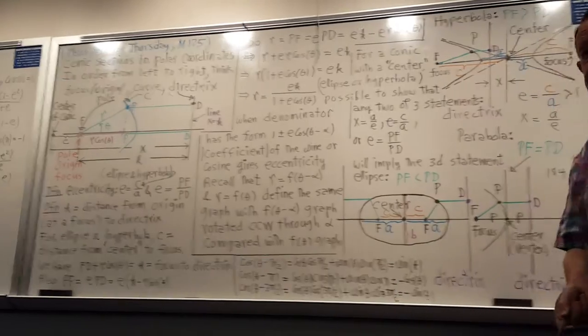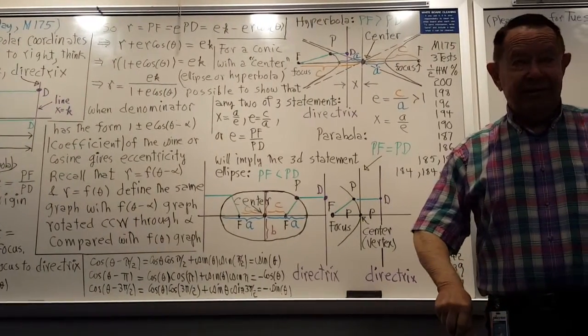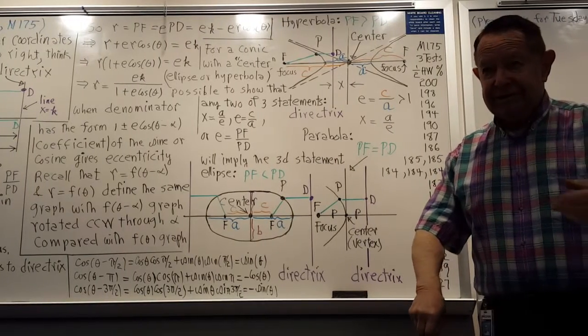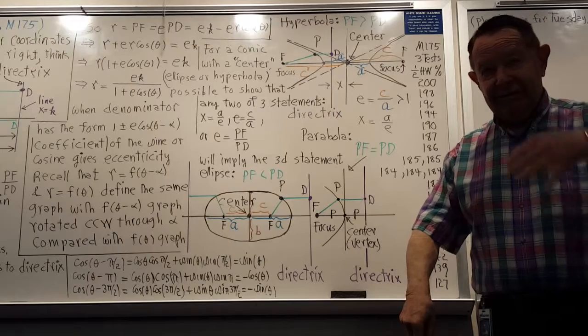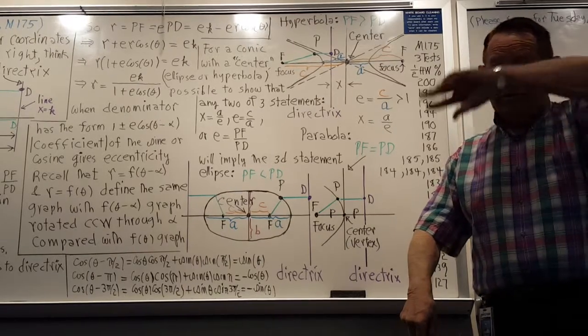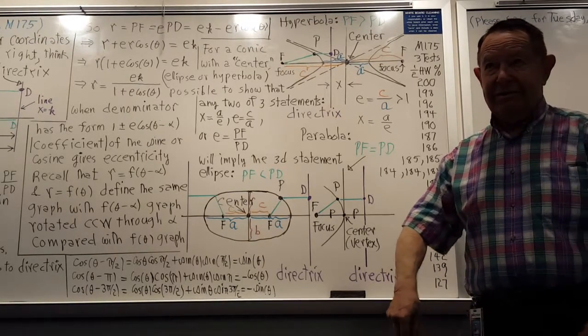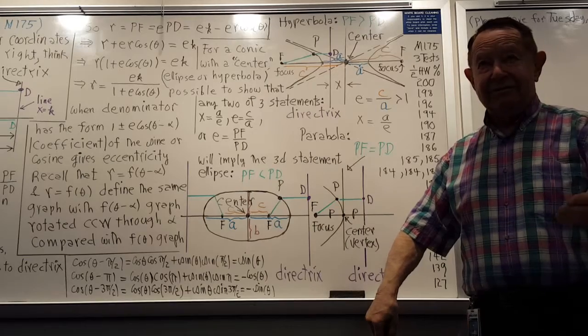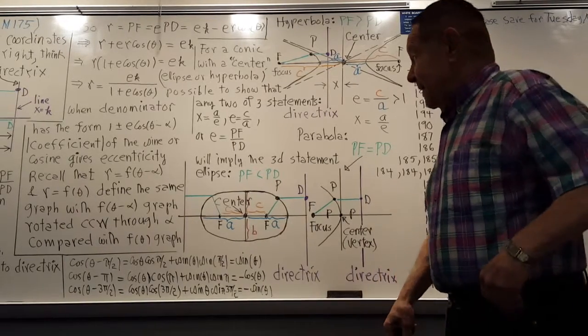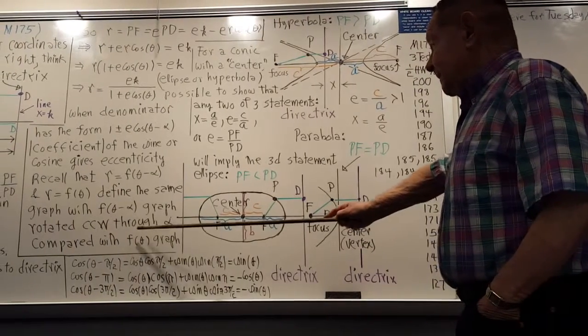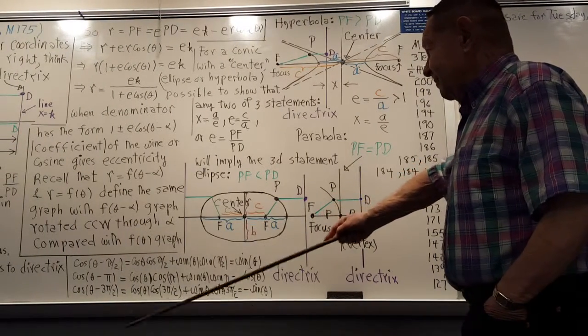Because always, if you have a graph r equals f of theta, the same function of theta minus alpha is the original curve rotated through angle alpha, rotated counterclockwise if it's theta minus alpha. And that's what I've said here.